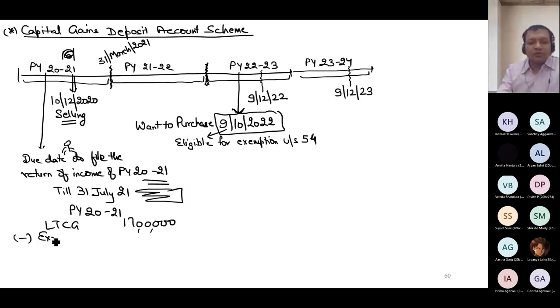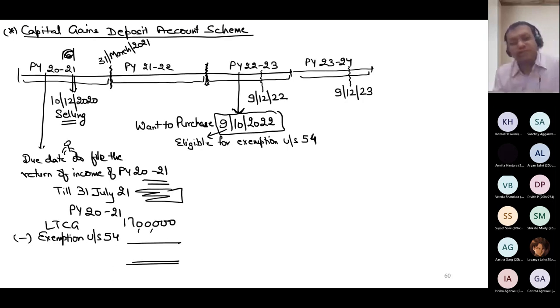Because the government is not going to wait for me till 9th October 2022 to furnish the return of income. But in section 54, they are saying that you can purchase this house till this date. So in this situation, how will the assessee solve the problem?